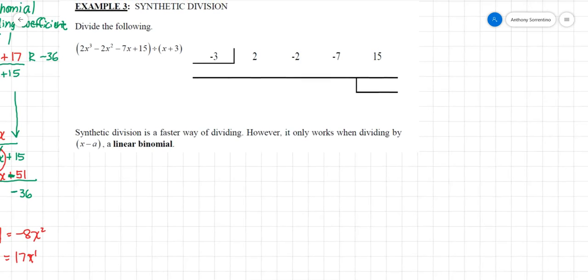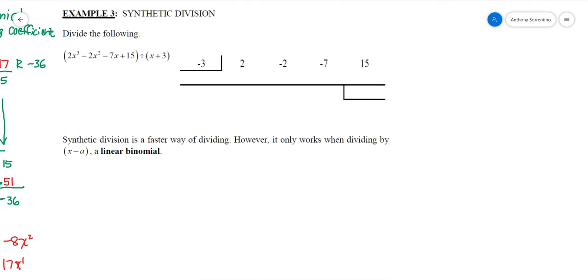So, gotta switch back to my pen, these are the coefficients of the dividend, which I think they officially call the number being divided. So, I have a 2, minus 7, and a positive 15 here. That's what I have here. This number is the 0 of the divisor.